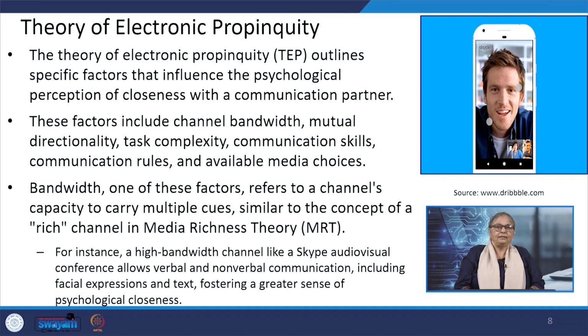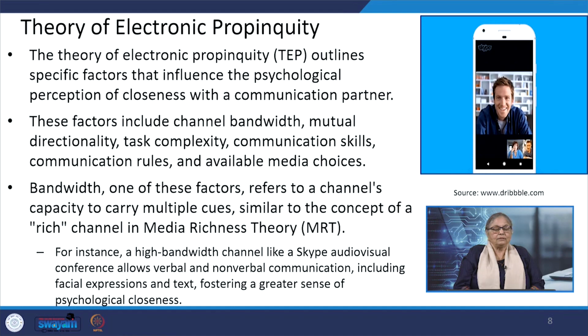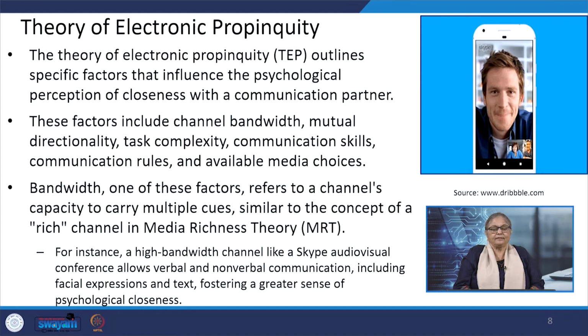The theory outlines specific factors that influence the psychological perception of closeness with a communication partner. These factors include channel bandwidth, mutual directionality, task complexity, communication skills, communication rules, and available media choices.